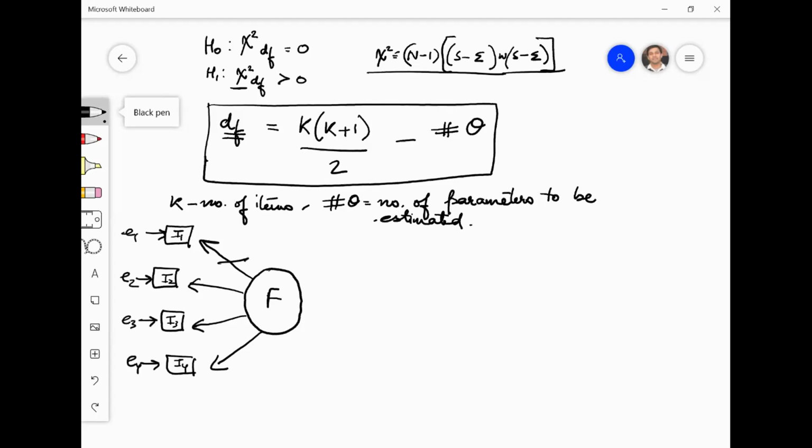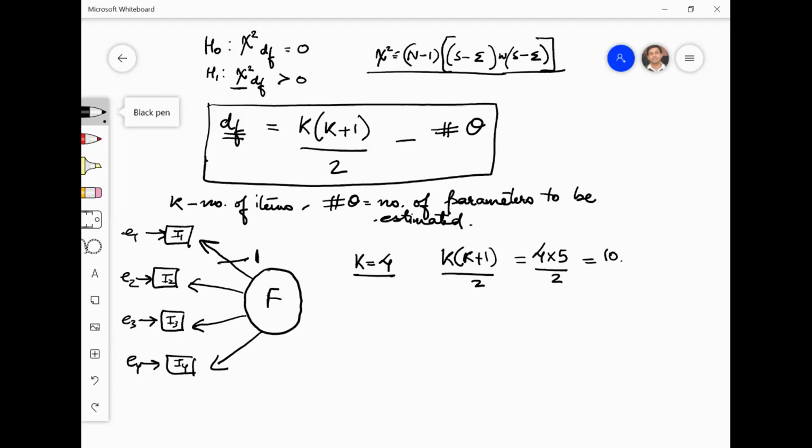And one of the paths is always constrained to 1. This is what we have seen. Now, what will be K here? K is equal to the number of items, which is 4. So K(K plus 1)/2 is 4 into 5 divided by 2, which is 10.